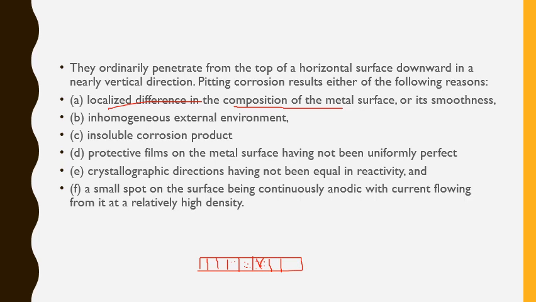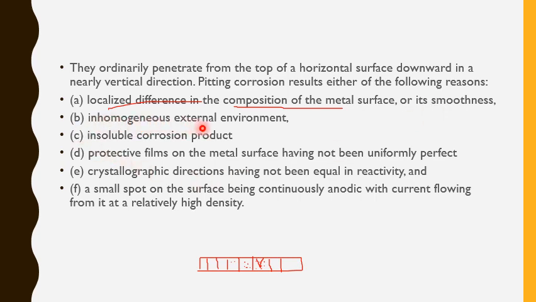Here the pit will be formed easily. And in the other place, for example here, the metal which is easily corroded is present in low concentration. So here a small pit will be formed or no pit will be formed. So pitting corrosion is due to non-uniform composition of the metal surface or its smoothness. For example, the smoothness is not uniform. In some places the metal is rough and in some places the metal is smooth. At rough places there is more chance of corrosion, so pits will be formed in rough places.